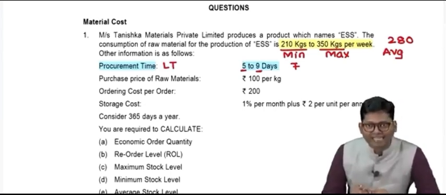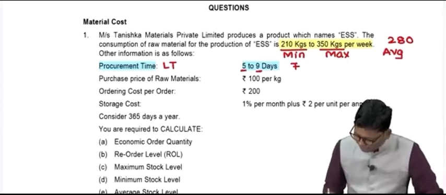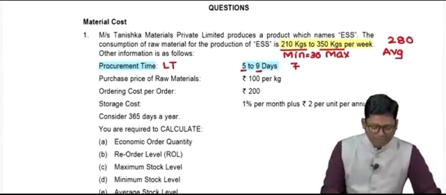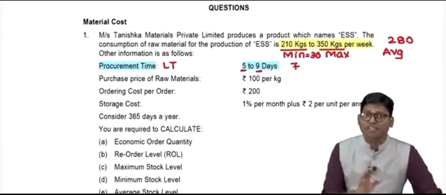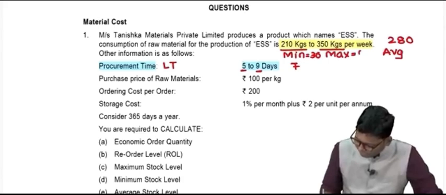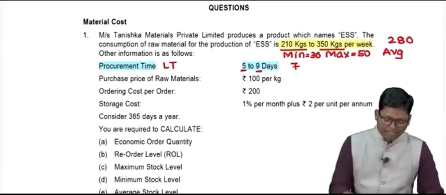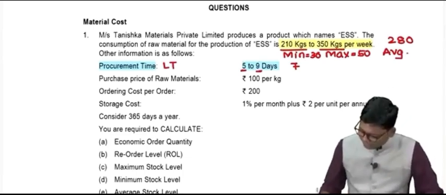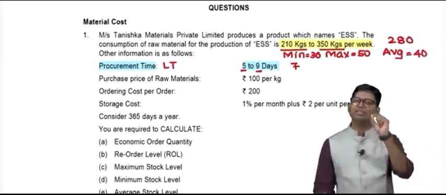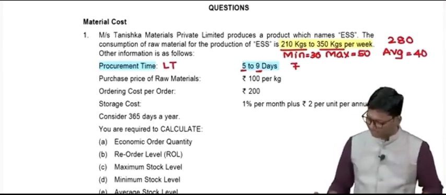So 210 divided by 7, your minimum consumption will become 30 kgs per day. Maximum consumption per week is 350, which is the consumption for 7 days. When you divide it by 7 days, you get maximum consumption of 50 kgs per day, and 280 divided by 7 will give you 40 kgs per day. So I have just converted my weekly consumption to a daily basis because lead time is provided on a daily basis.